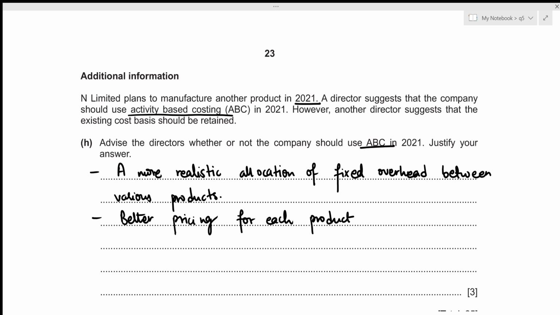But in order to have a more realistic allocation, we would also require the information on activity. And it is really time consuming to collect that information. Let's write it down. Time consuming in collecting information.